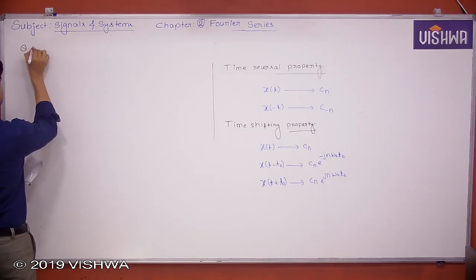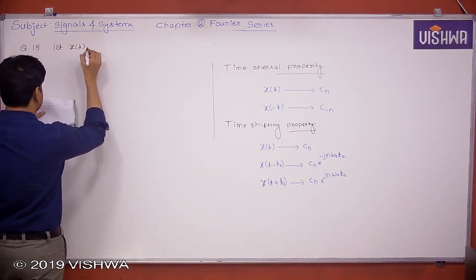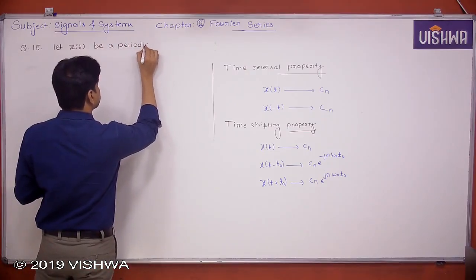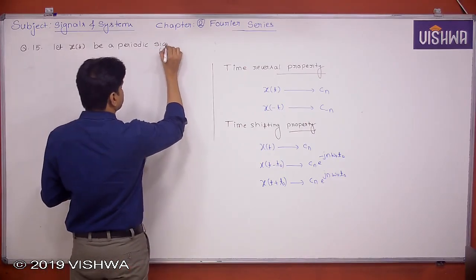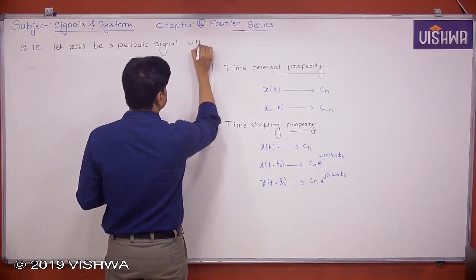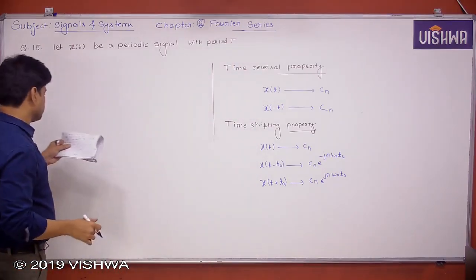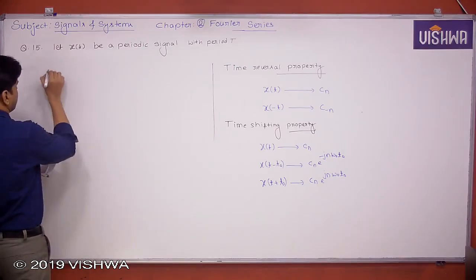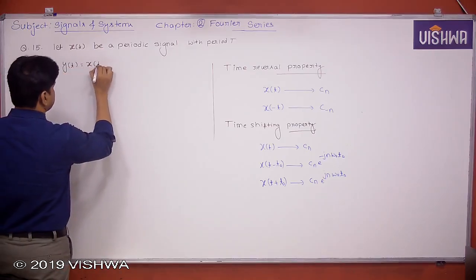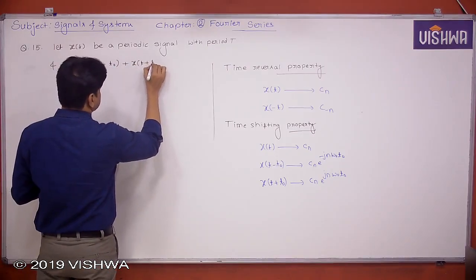Question number 15. Let x of t be a periodic signal with period capital T, and y of t is equal to x of t minus t naught plus x of t plus t naught.